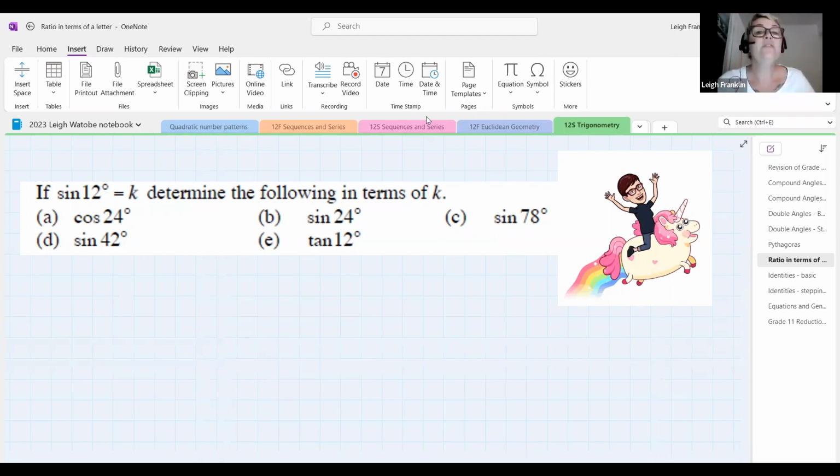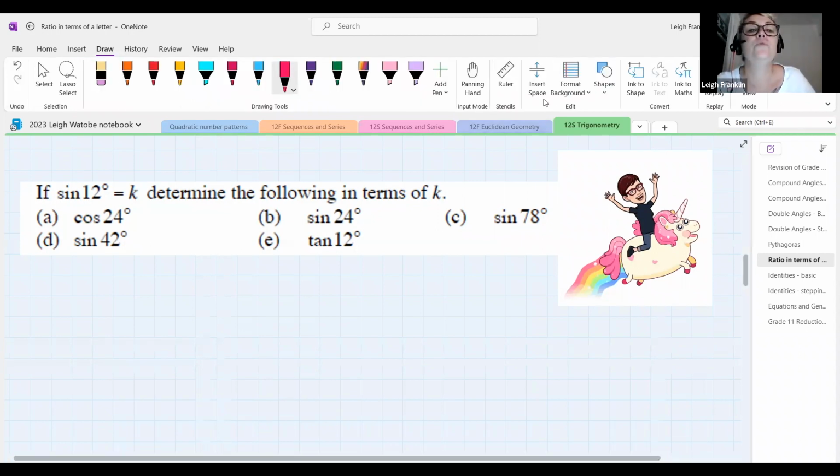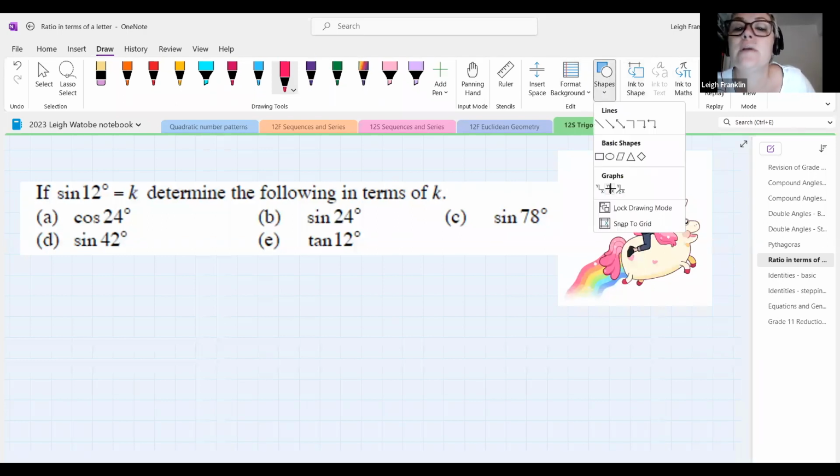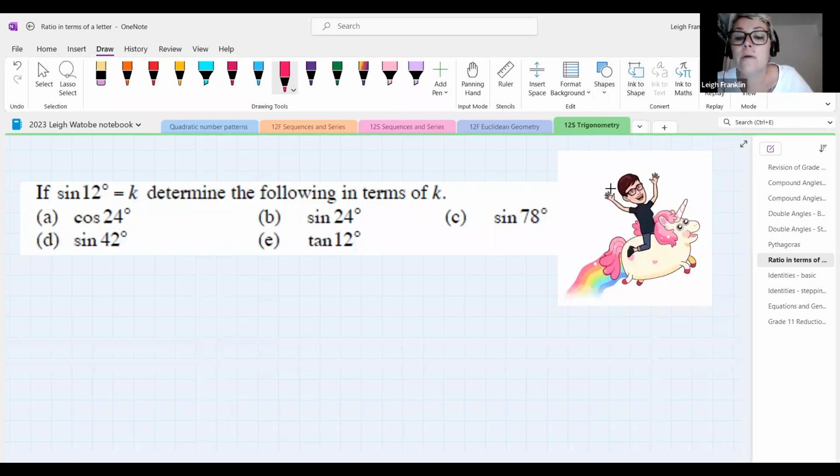The first thing, hopefully, that you would have done here is drawn yourselves a little diagram. And we know that we're in the first quadrant because our angle is only 12 degrees.